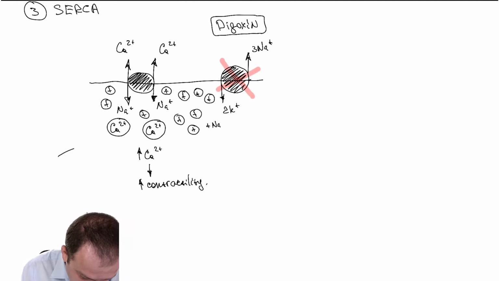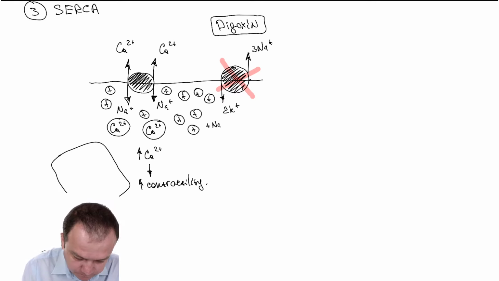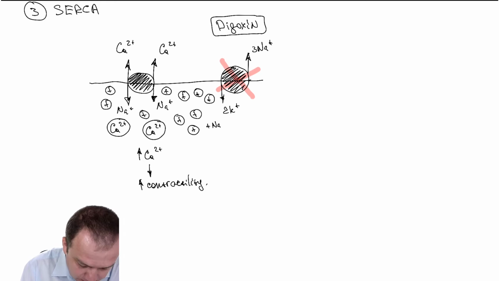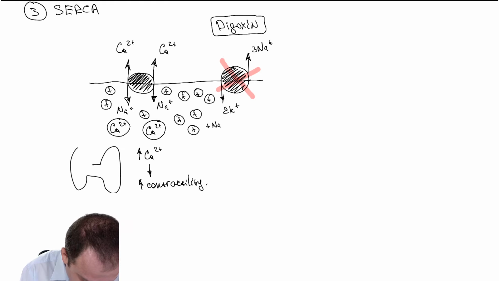Another interesting moment that we have sarcoplasmic reticulum also in the cardiomyocytes, and we know that sarcoplasmic reticulum is a storage of calcium, right? And in the sarcoplasmic reticulum, we have sarcopump.